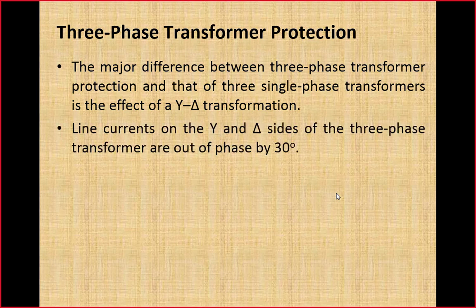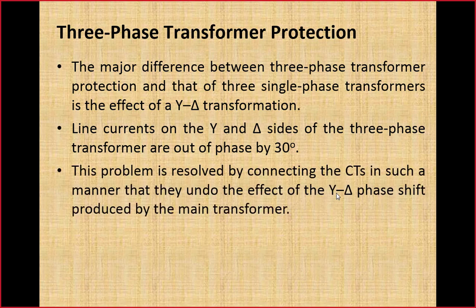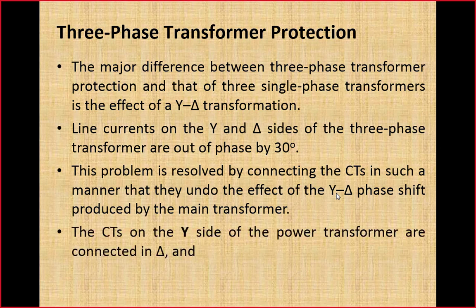Line currents on the Y and delta side of a three-phase transformer are out of phase by 30 degree. So this problem is resolved by connecting CTs in such a manner that it will undo the effect of Y-delta phase shift produced by this Y-delta transformer. So this is how we undo the phase shift produced by the delta Y transformer.